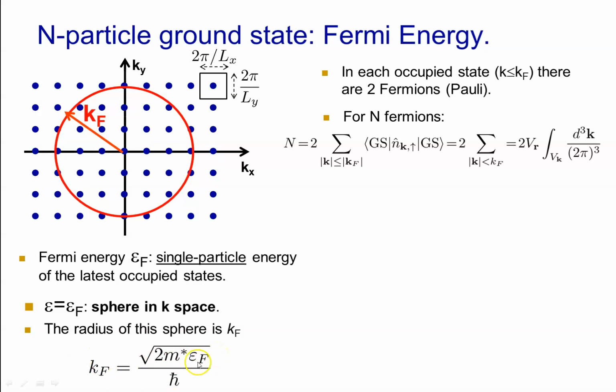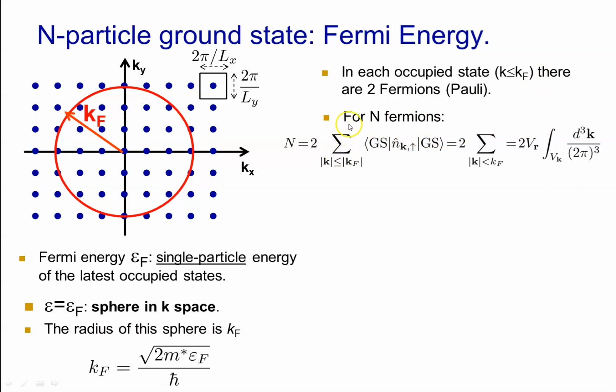So how do we calculate this in terms of, say, the density, the number of particles per unit volume? Here is how we start doing these calculations given the ground state for the non-interacting Fermi gas. Remember, in each occupied state with k below kF, there are 2 fermions by construction, since we're talking about a non-polarized gas.